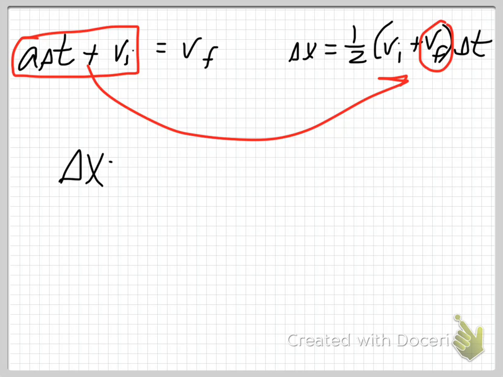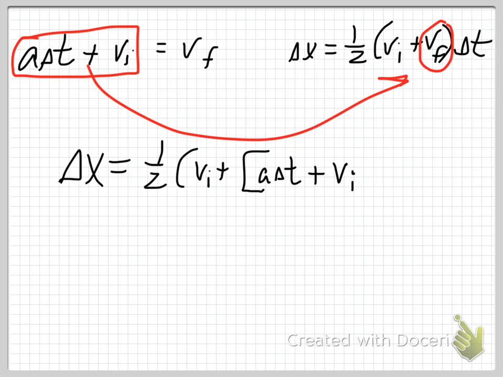You're going to need a shoehorn. Delta x equals 1/2 VI plus, I make liberal use of brackets here because they help me keep straight what I'm doing, close parentheses times delta t.